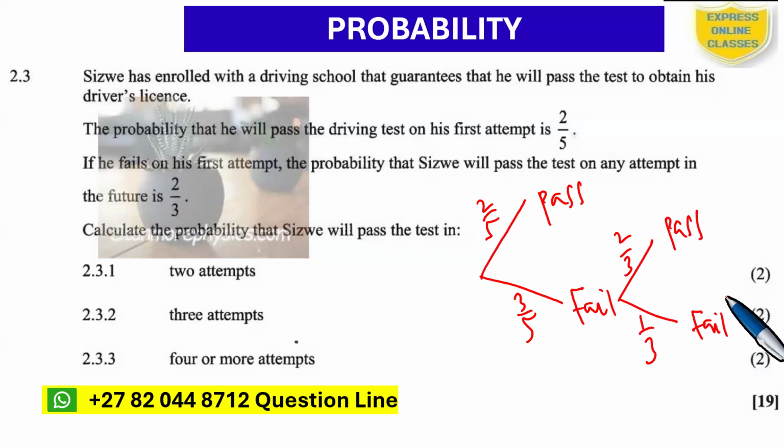And this will be the second attempt. The third attempt is the same thing: either there's a pass or there's a fail, 2/3, 1/3.